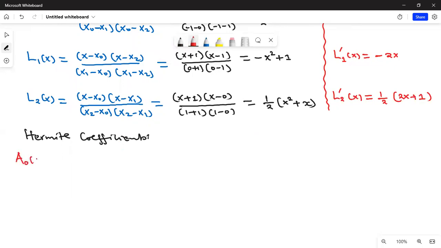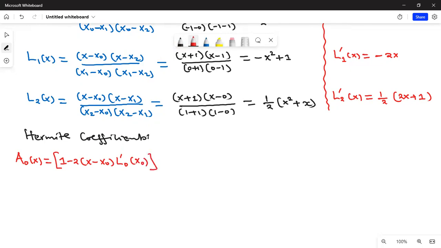A0 of x, look at the way it is defined. We'll have 1 minus 2 into (x minus x0) times L0 prime of x0.